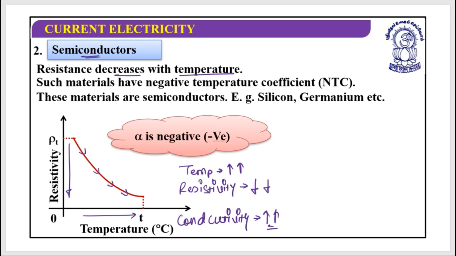I hope these things are clear. That's why we are using semiconductors at every possible place, because this material has a negative temperature coefficient. As soon as temperature increases, its resistivity decreases. Yes, so this is the case with semiconductors.